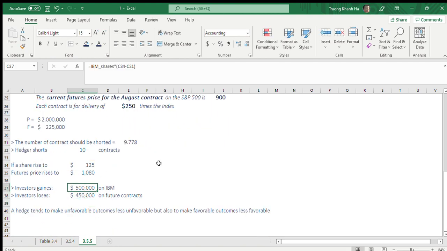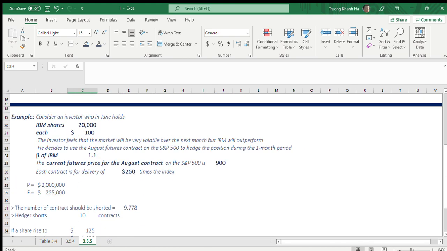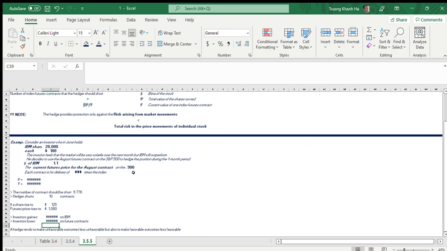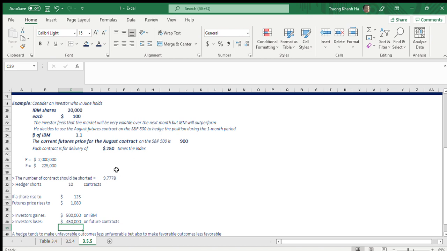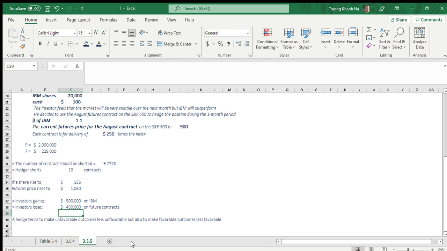So he will gain $500,000 on IBM, and he will lose $450,000 on futures contracts. And from this example, the hedge offsets a gain on the underlying asset with a loss on futures contracts.